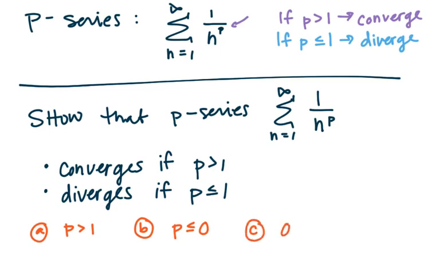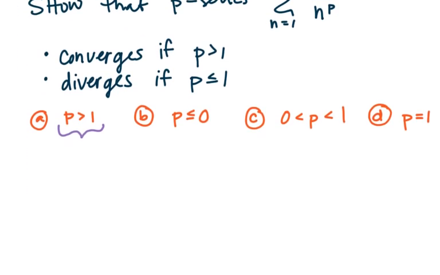C, what happens for a p-value that is between 0 and 1? And D, what happens when p is equal to 1? From what I told you above, the only way this p-series is going to converge is if p is greater than 1. So I'm going to show you it converges in that situation, and then to show you it diverges for every other situation, we'll do the other three parts of this problem.